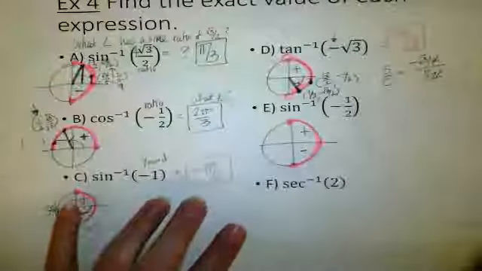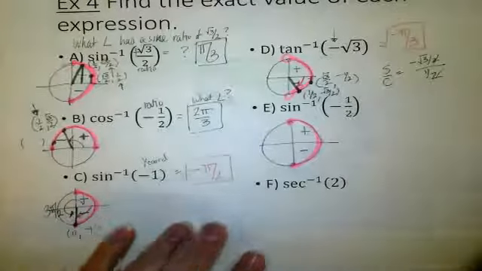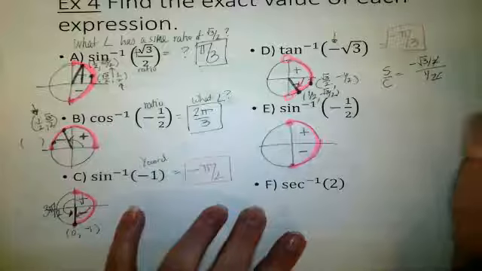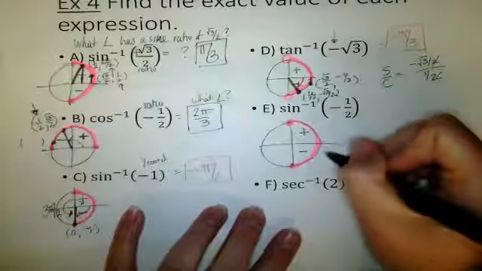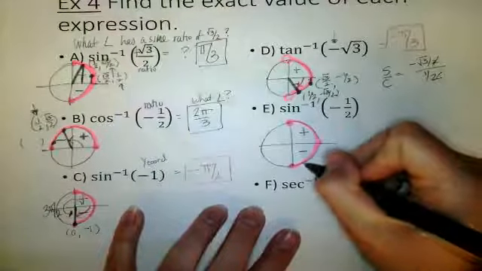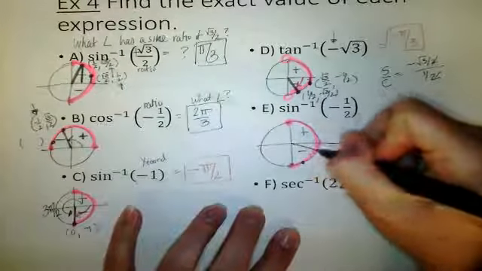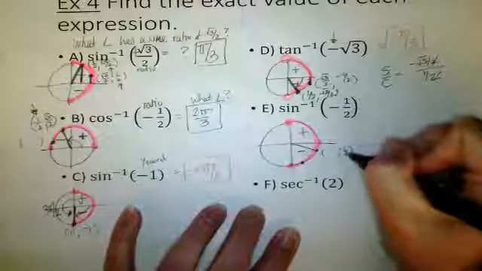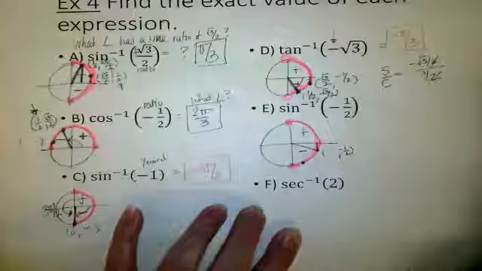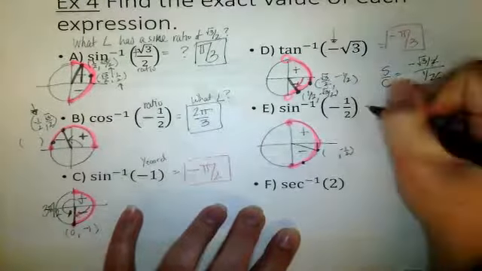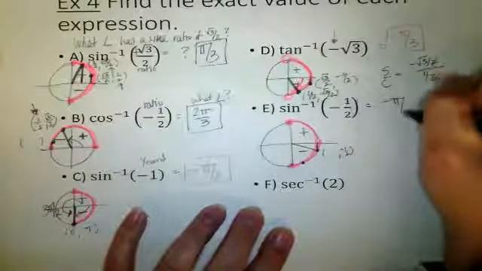Sine is negative down here in quadrant 4. And we have a little negative 1/2. Which angle is that? Yeah, that top one there, right there. That's where we're just going down a tiny little bit, that little short leg. What angle measures that? Negative pi over 6, very good.